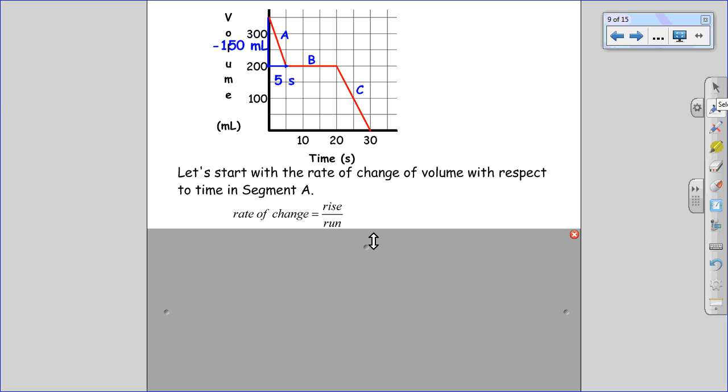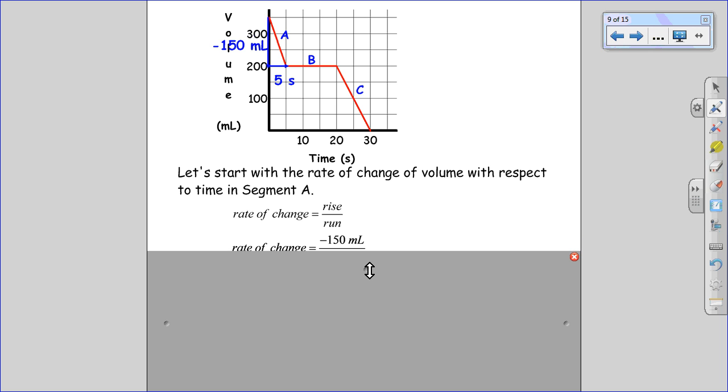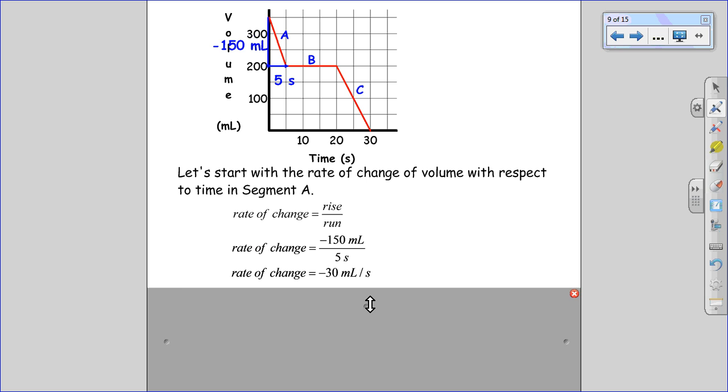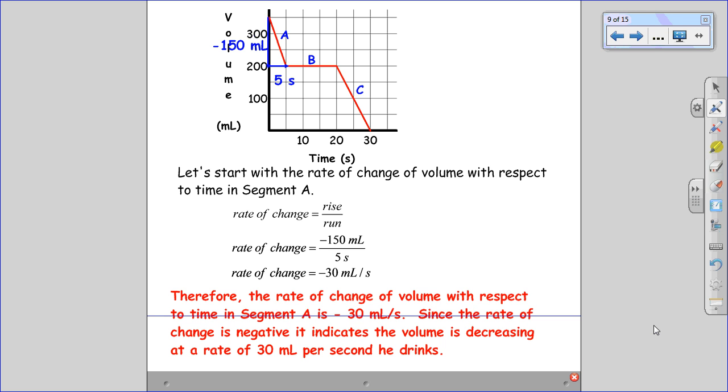Now, we have to remember that rate of change is rise over run, and the rise in this case was negative 150 over the run, which is 5 seconds, and when we divide that, we get negative 30 milliliters per second. So the rate of change of volume with respect to time in segment A is negative 30 milliliters per second. It was negative, it tells us it's decreasing, and the 30 milliliters per second tells us the speed at which it's doing it.